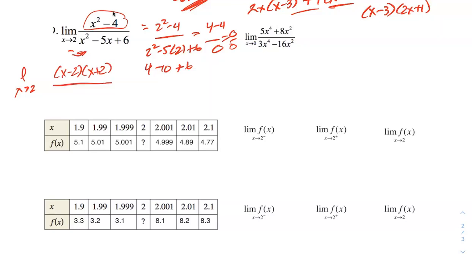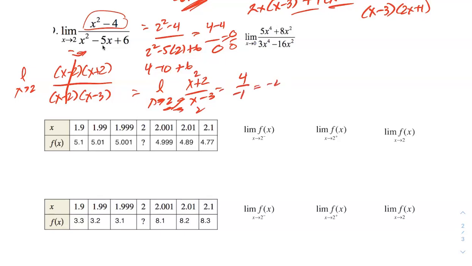The bottom, I need two things to multiply to get 6, but add to get negative 5. So x minus 2 times x minus 3. They're both negative because the product is positive, but the sum is negative. And then look what happens. These cancel out. The limit as x approaches 2 of x plus 2 over x minus 3. Now we just plug in our 2. And I get 4 over negative 1, or negative 4. So there we go. That's the answer.